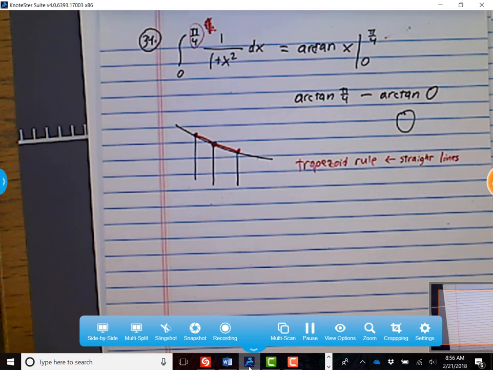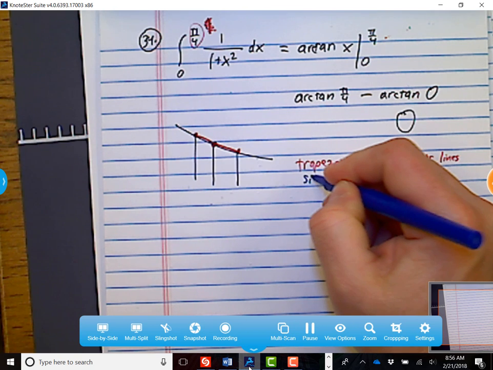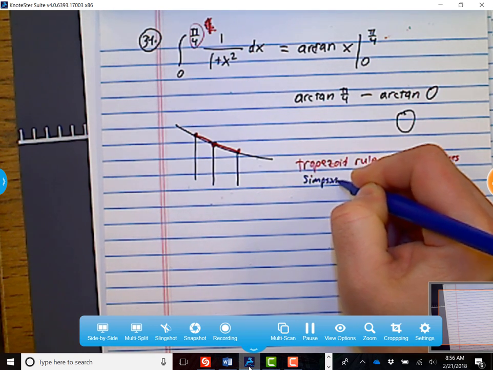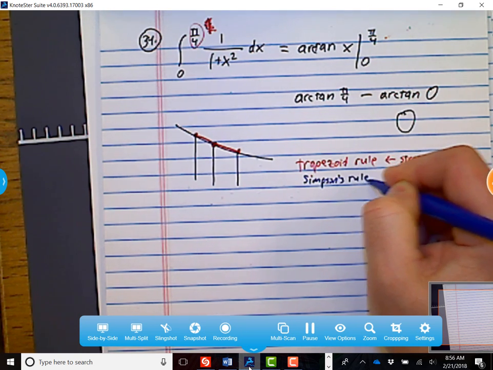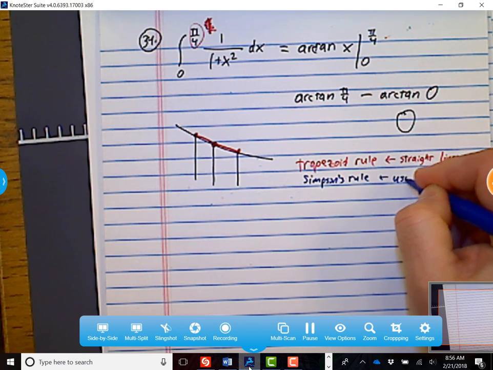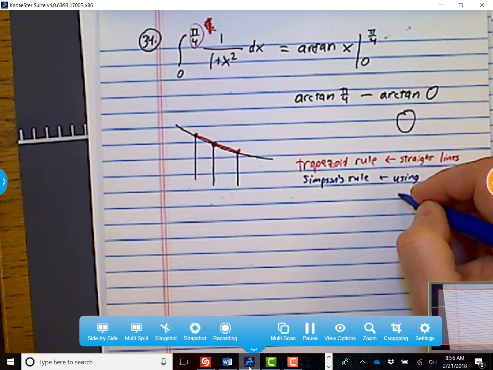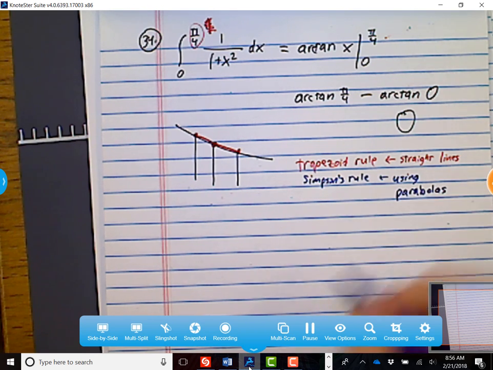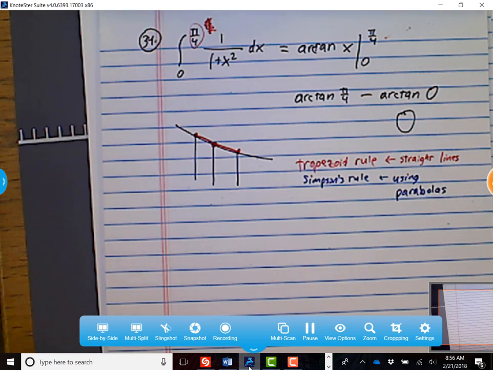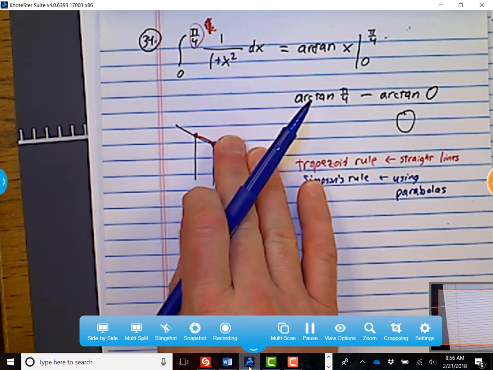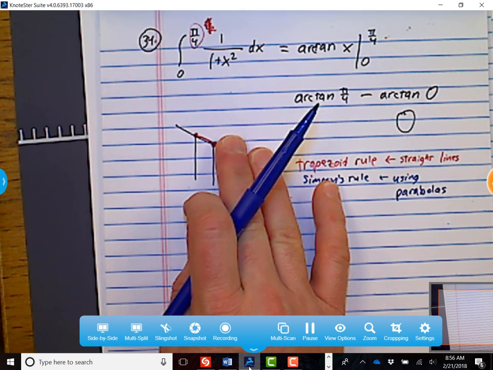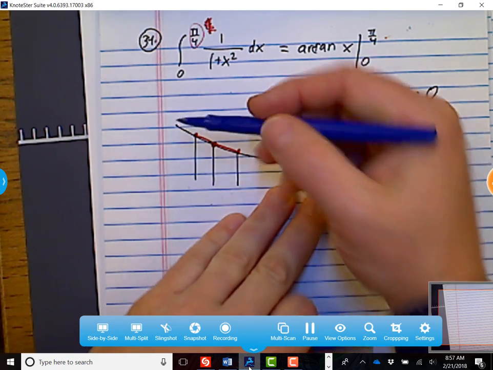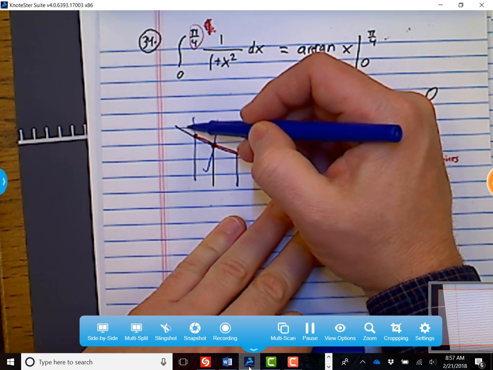Simpson's rule, what it's really doing, it's using parabolas. So I think that's kind of interesting. But if you just had 2 points, do you guys realize there's infinitely many parabolas that go through those 2 points? Right? You could have really big ones or you could have really small ones.